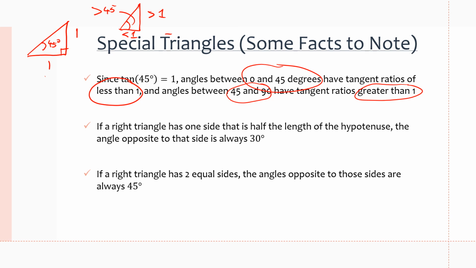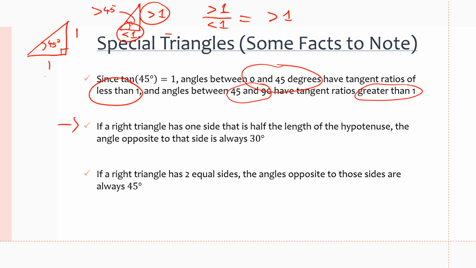So if we take the tan of this angle, we're going to do opposite over adjacent, so we're going to have a number greater than 1 over a number less than 1, which will get us a number that is greater than 1. Right? Makes sense? It's going to get us a bigger number than 1. Right? That's all we need to remember.